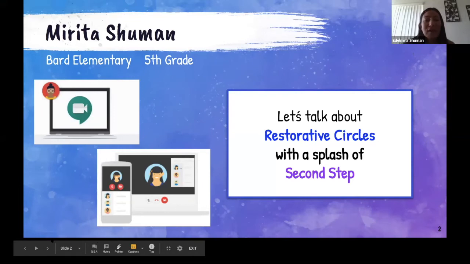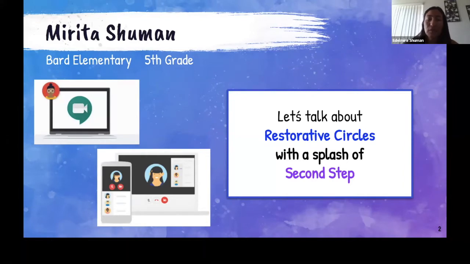So my partner and I, because I am a dual language teacher, I'm the Spanish teacher, and my partner, Monica Aguilar, is the English teacher. We had started restorative circles in December with our class, so our class is familiar with the practice and how it works.